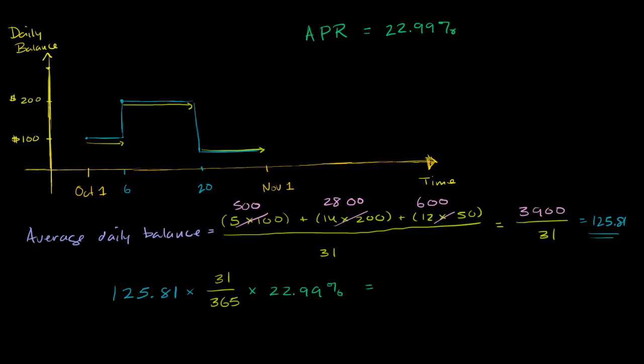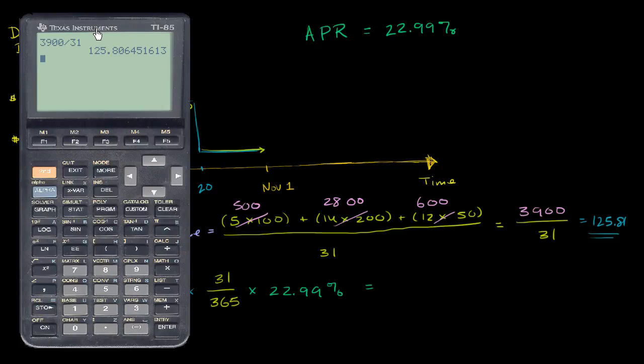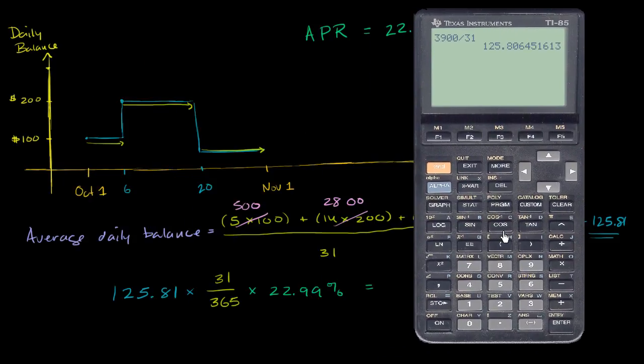Times 22.99%. Let me get the calculator out again. I can take the previous answer and multiply it by 31 divided by 365 times 22.99%, which is the same thing as 0.2299.